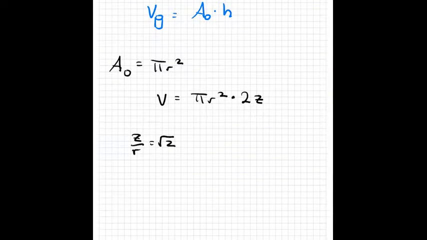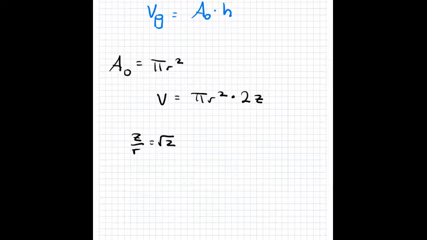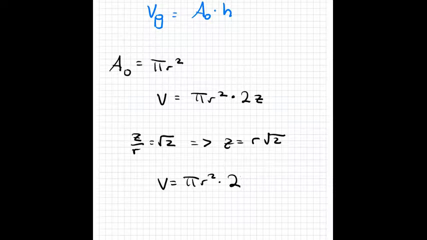So if we solve for z from here, this implies that z equals r times the square root of 2, right? Then we can express the volume as pi r squared times 2z, but z is r times the square root of 2. Let me see if I can condense some of this.